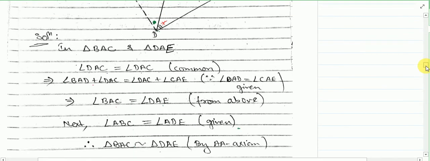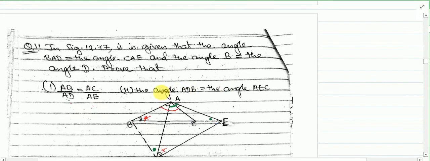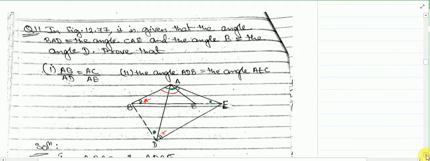now in order to prove that this angle, the one which is marked with this green dot, and this angle are equal, we have to join BD. Okay, we have to join BD.